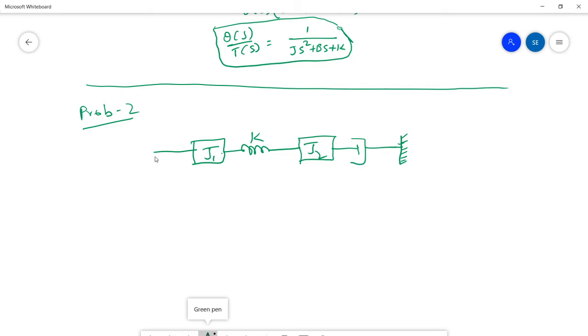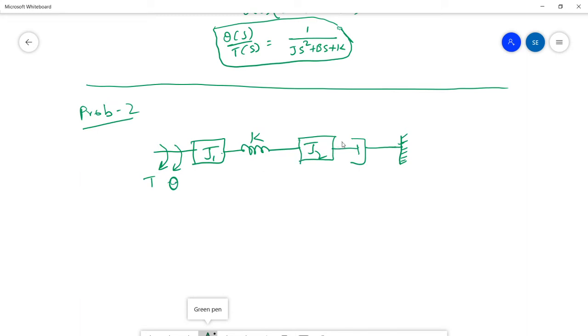So what are the actual forces influencing the system? The actual force is T, and the angular displacement is theta 1.